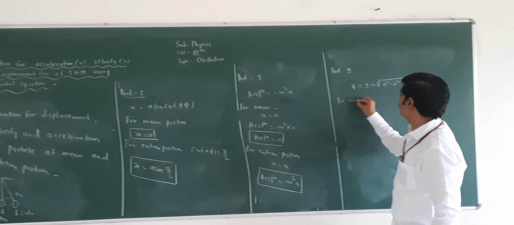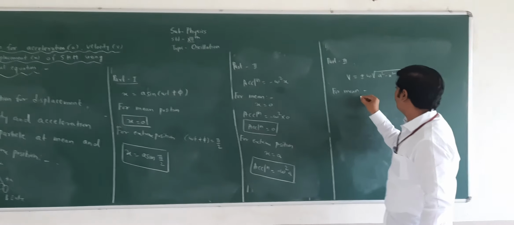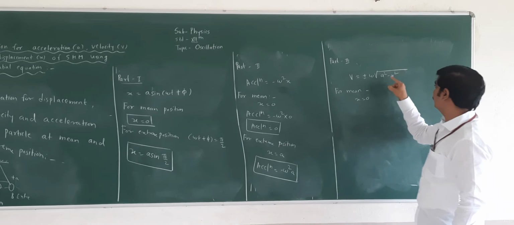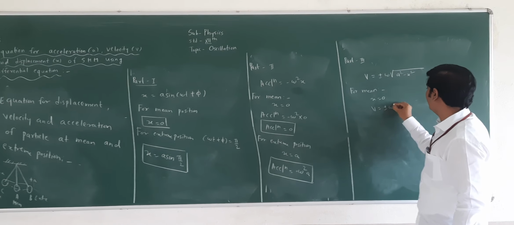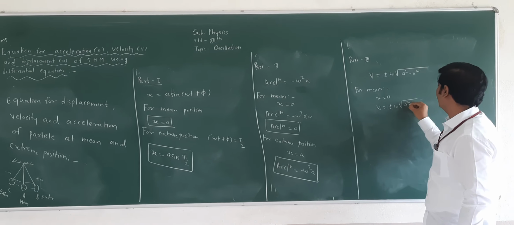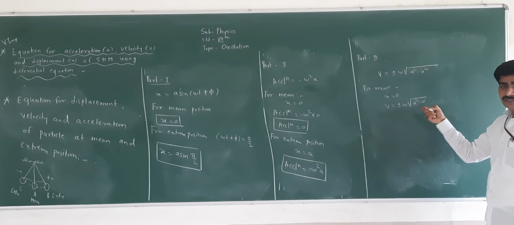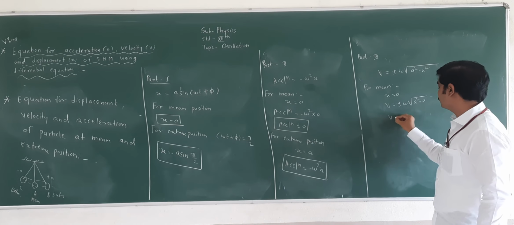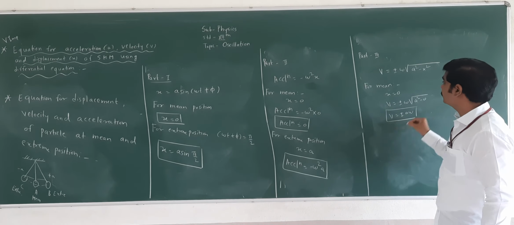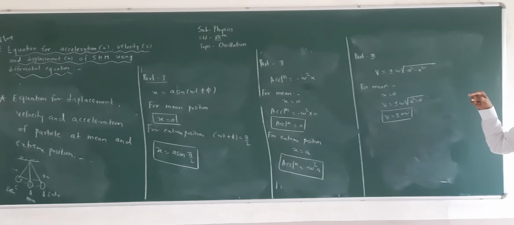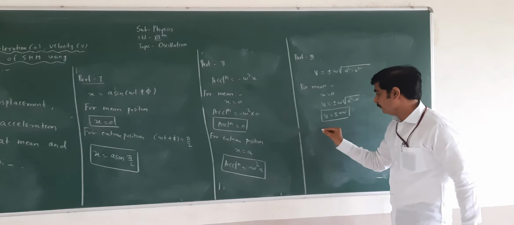For mean position, x is equal to 0. When we substitute x is equal to 0, then v is equal to plus minus omega under root A square minus 0, and the square root of A square is equal to A. So v is equal to plus minus A omega. This is the equation for velocity at its mean position.